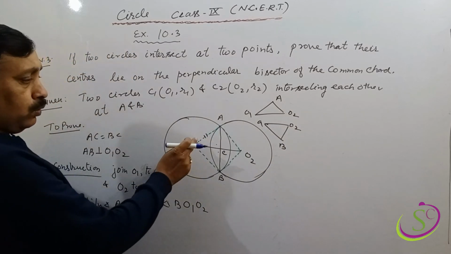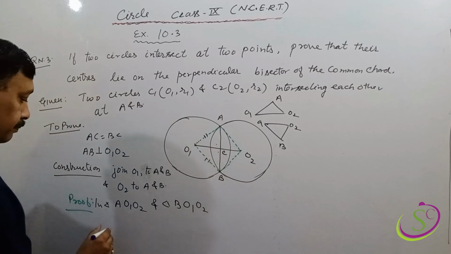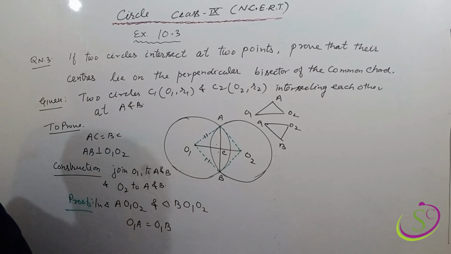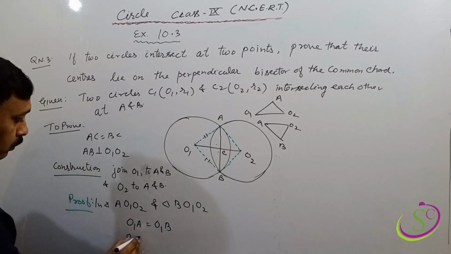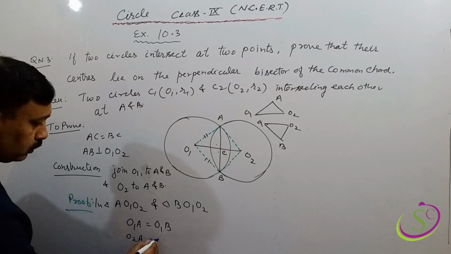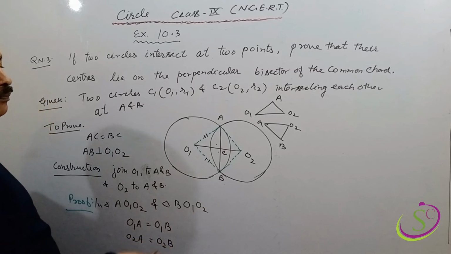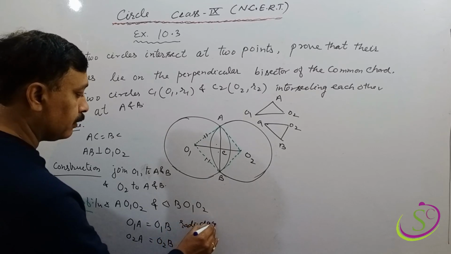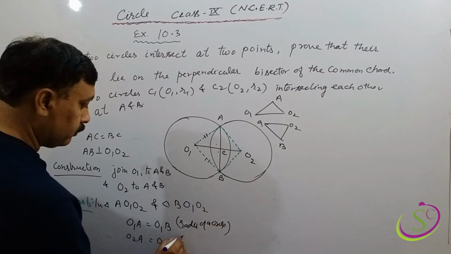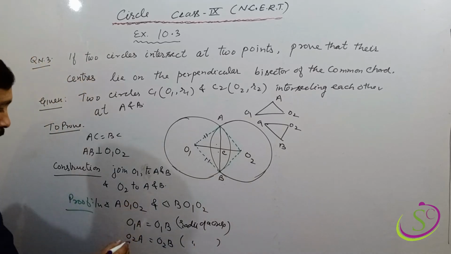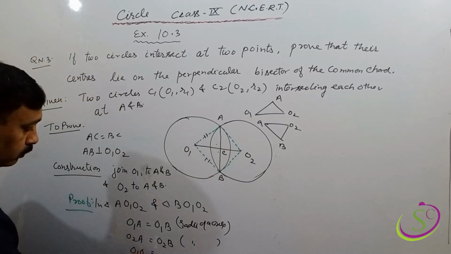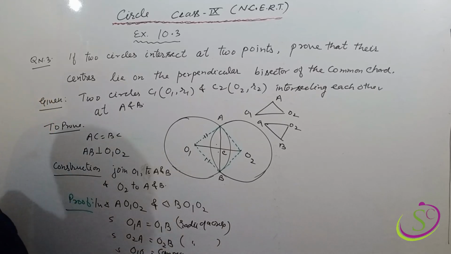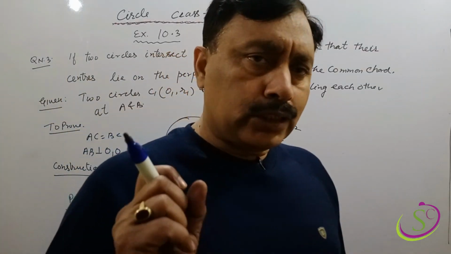O1A equals O1B, and O2A equals O2B. Why? Radii of a circle. Similarly this, and O1 O2 is a common side. Why are we taking these two triangles?